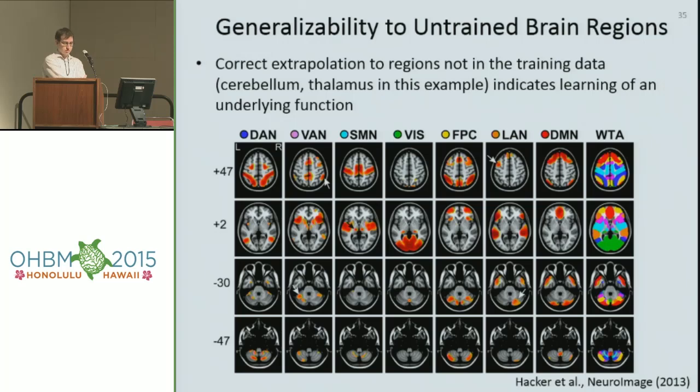For example, between V1 and V2, we know from extensive studies, not in humans, but in monkeys or even in lower animals, that a given part of the visual field in V1, such as 9 degrees eccentricity and 45 degrees polar angle, is going to be most connected, and this is what you would see if you do a tracer injection, to that same location in V2, that would be 9 degrees eccentricity and 45 degrees polar angle. And we can reproduce those connectivity patterns with functional connectivity.